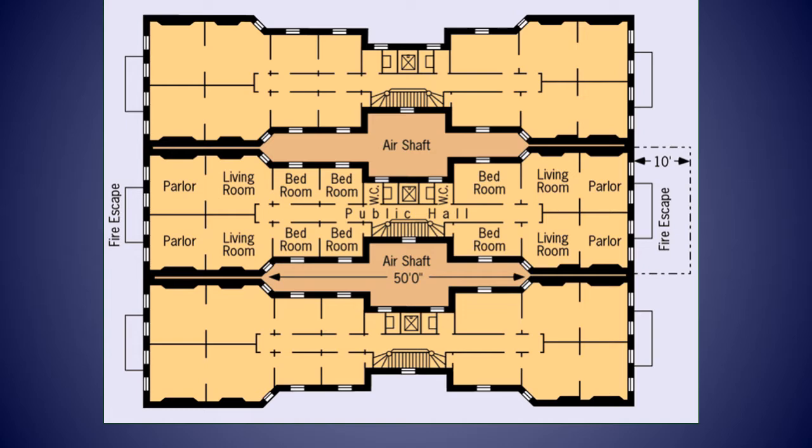Tenements could be designed well, but many of them were built poorly. Reformers at the time advocated the building of what was called the dumbbell tenement. You can see it looks like a dumbbell, sort of comes in at the middle. The idea was you'd put an air shaft in it, air would circulate, and it would prevent disease.